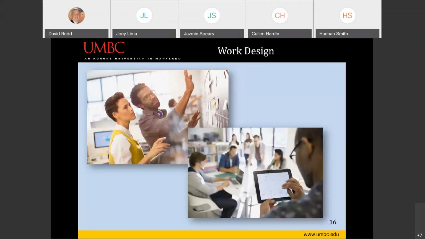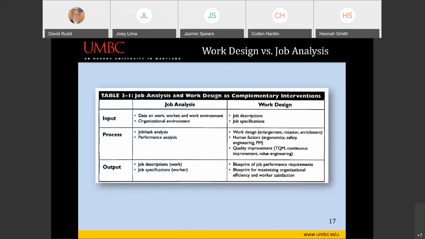All right. Now that we've completed job analysis, we're going to move on into work design. Now, you may be wondering, what is the difference between job analysis and work design? I think what you're going to see in this next slide is going to clarify that. In this table, on the left-hand side, you're going to see three areas in which to compare job analysis and work design: input, process, and output. Let's first look at the input.